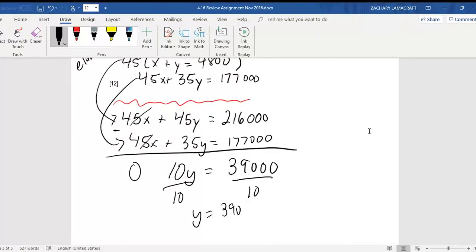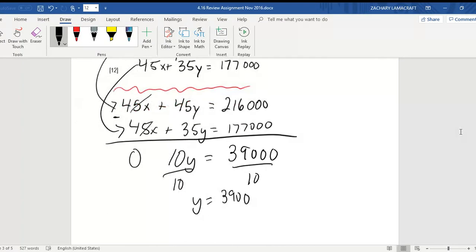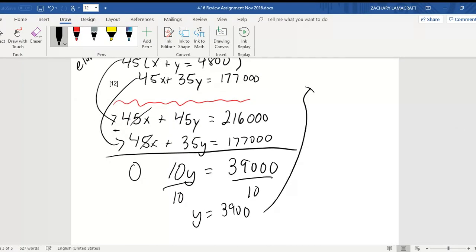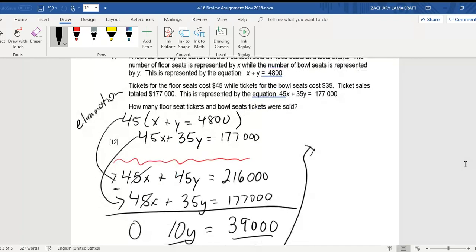Just make sure we're doing that correctly. I apologize. This divided by that is actually 3,900. I apologize. So 3,900. And then we can just put it into our first equation.